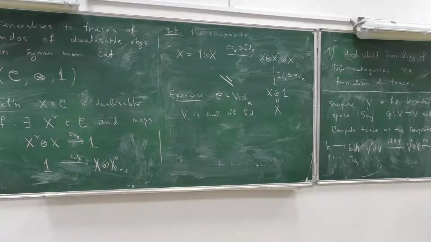And even more, the internal hom from a dualizable object into any object will be the dual of the dualizable object tensor the target. So you can have an infinite dimensional target for a vector space.